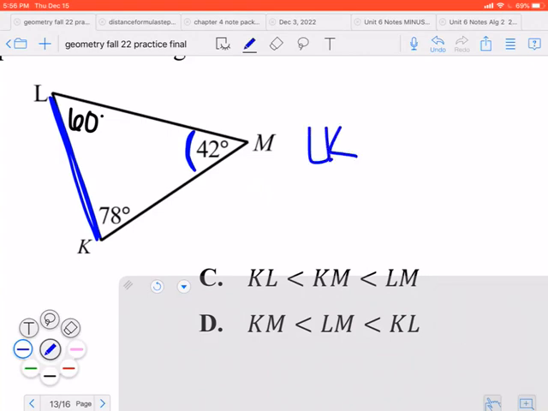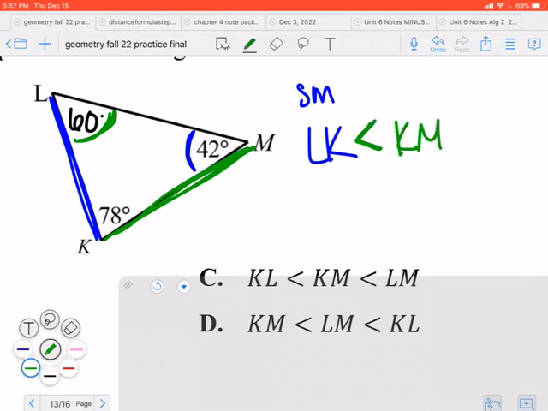LK is our smallest. 60 is the next biggest angle out of these three numbers, so the side opposite it is going to be the next biggest size, KM. So LK is less than KM, which is less than the biggest side, opposite 78 degrees, LM.